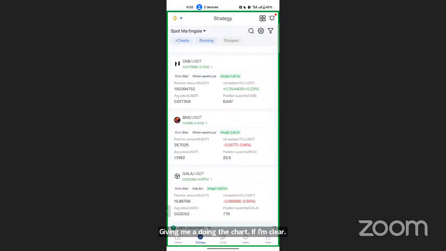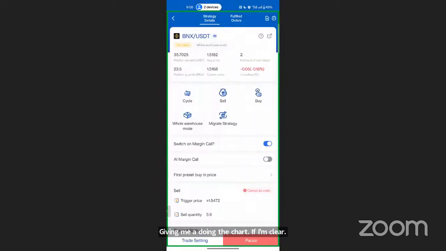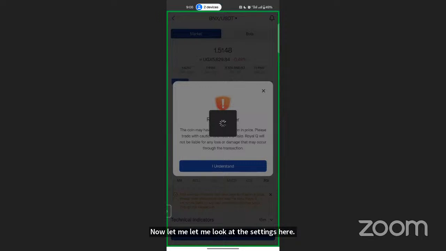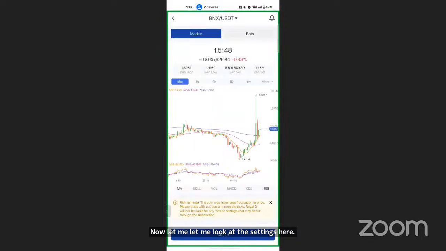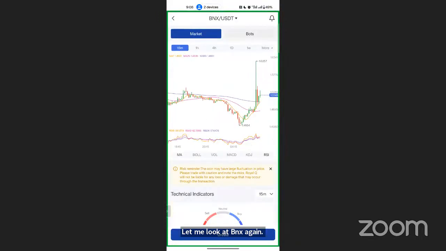Now let me look at the selling price here. Let me look at BNX again, at its resistance 1.